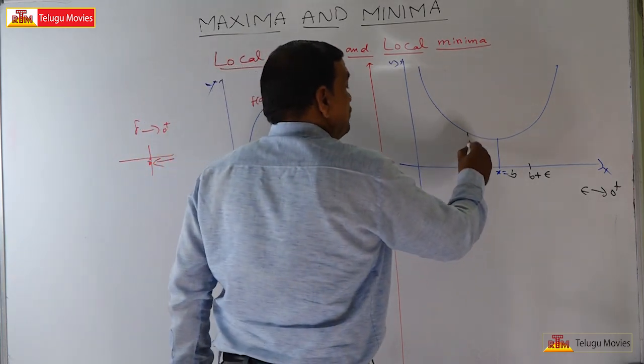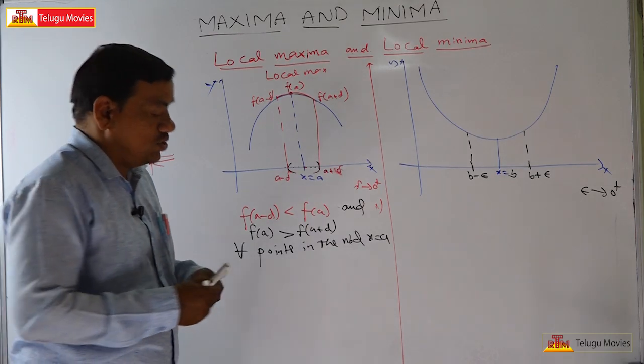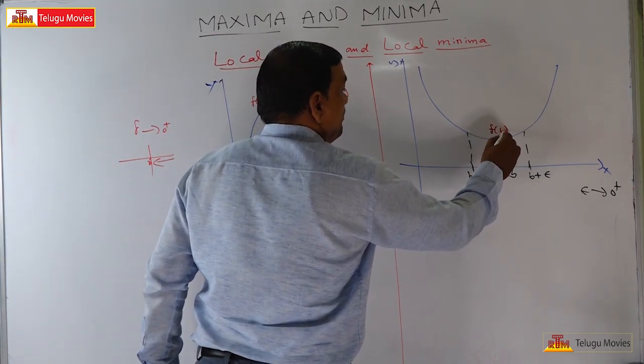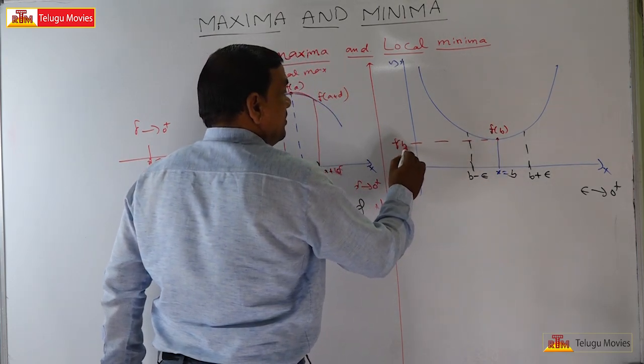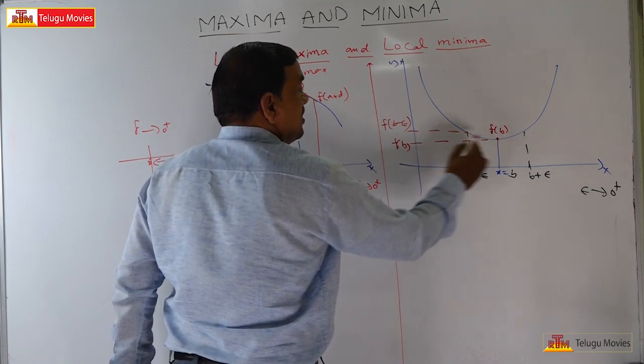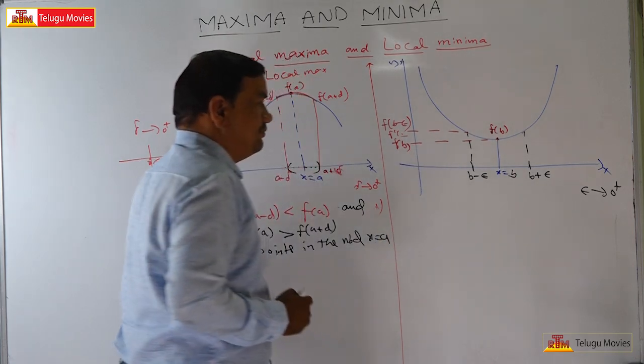Now observe here. What is this value? This value is f of b, this one is f of b minus epsilon, and this one is f of b plus epsilon.